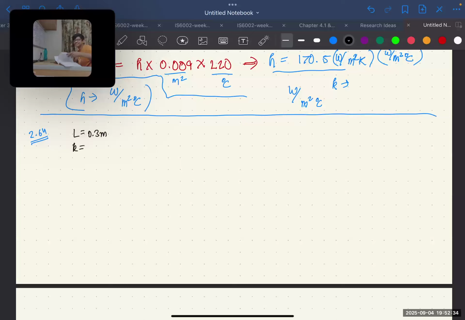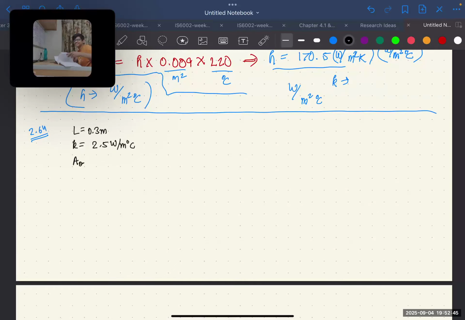Thermal conductivity k is 2.5 watt per meter degree Celsius. And surface area A naught is 12 meters square. I usually prefer using A naught rather than just A because A can mean many things.